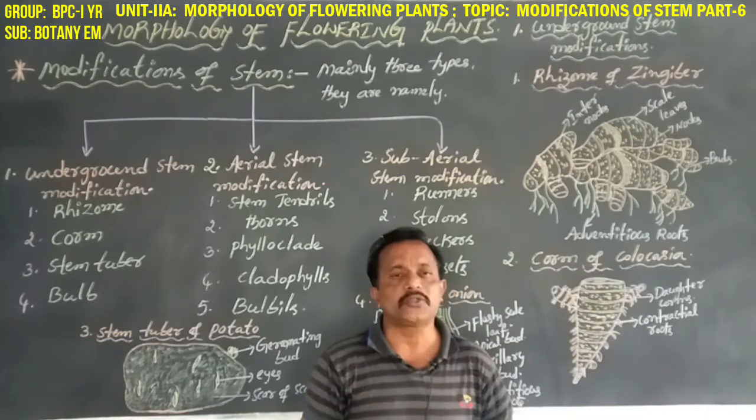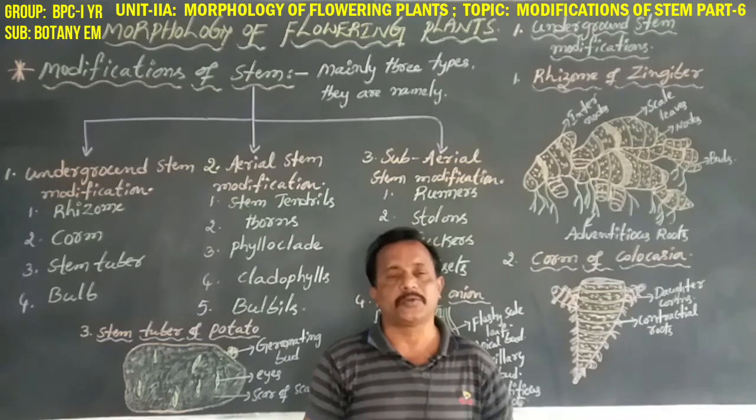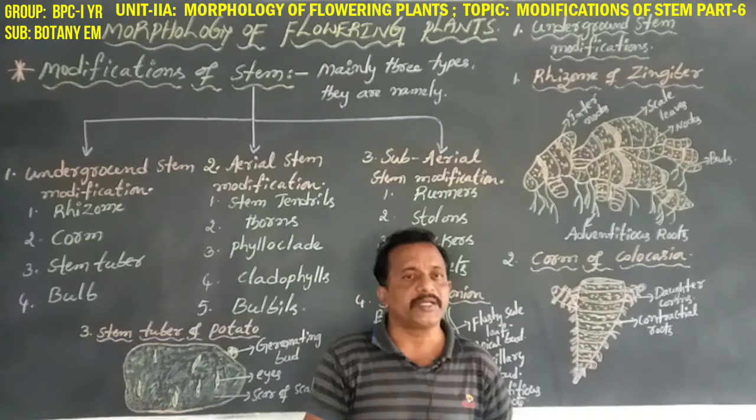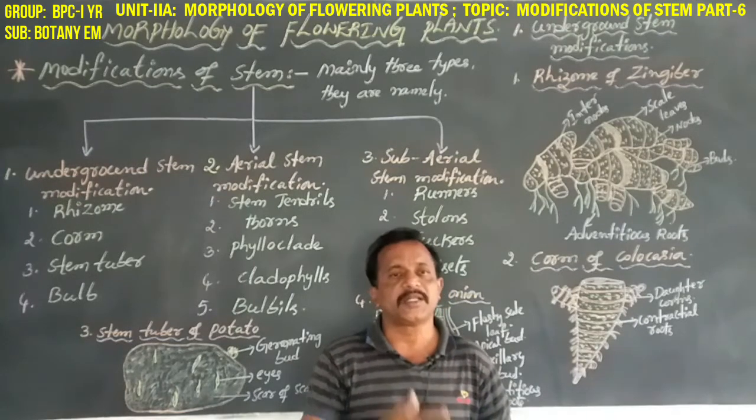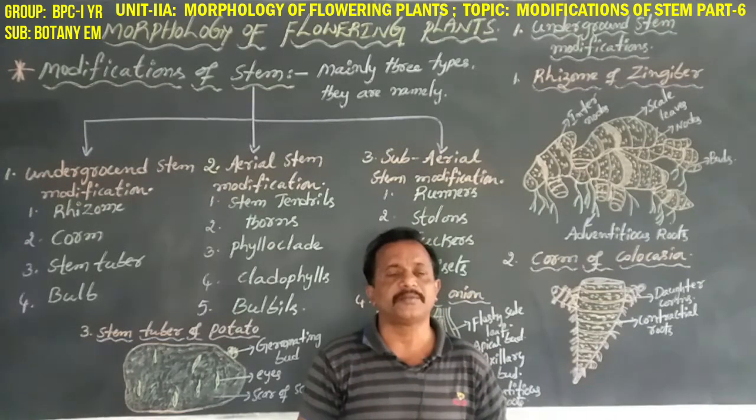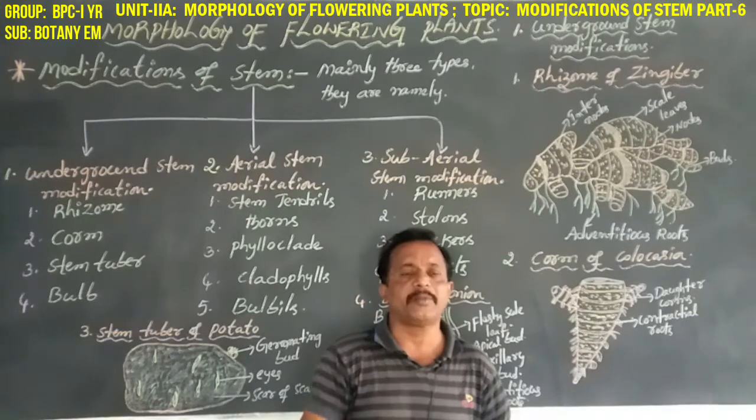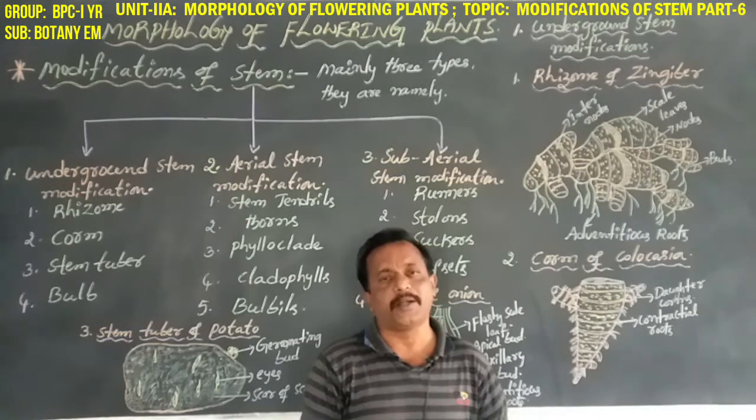The stem also bears buds, named the axillary bud and the terminal bud, or apical bud.